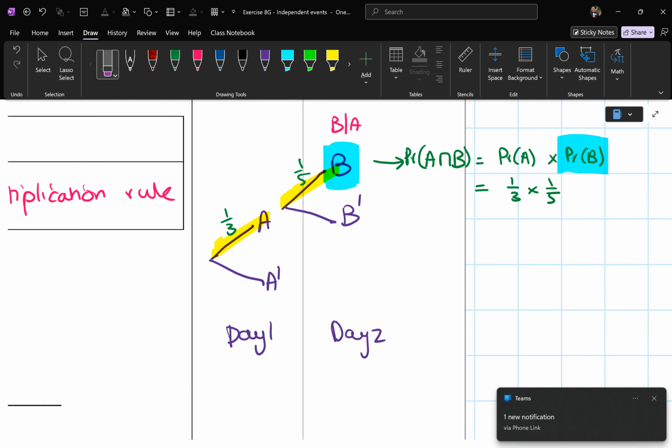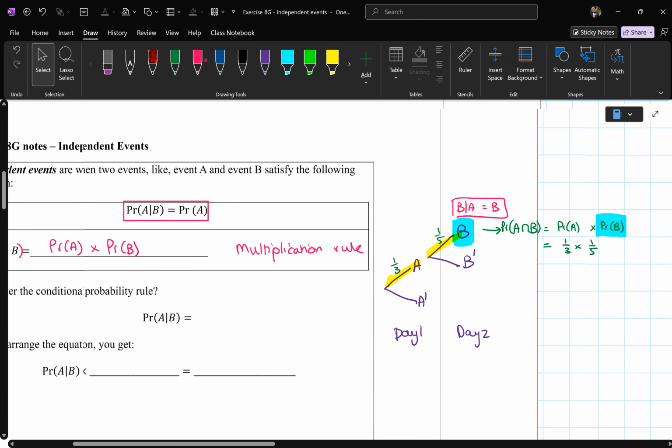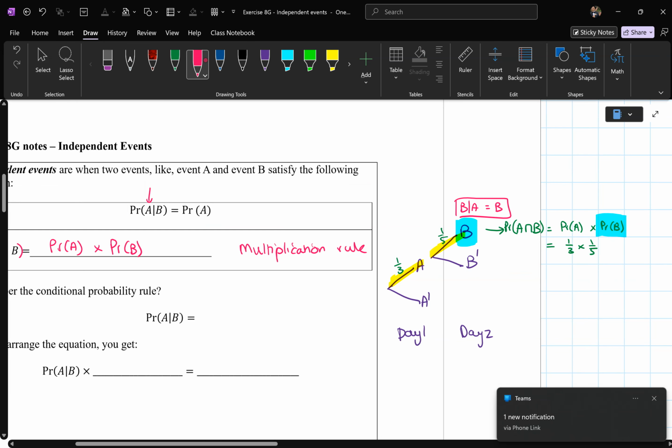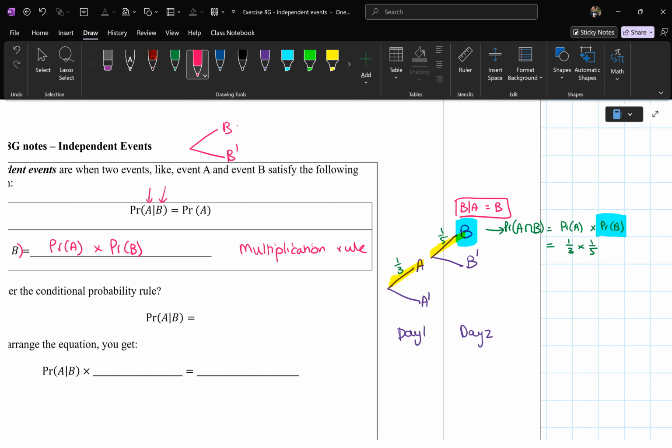When you write B, you're assuming that B given A is just the same thing as finding B. So that property right here, when you're saying the chances of A given B had occurred, means if B occurred first and then A comes after, the chances of getting A is totally irrelevant of whatever you get for B. That's why it's saying probability of A is the same thing as A given B. Because A given B means I do care about what happened before, but if it's just equal to A, then it essentially means it doesn't matter what happens with B. That's why we call it independent events.